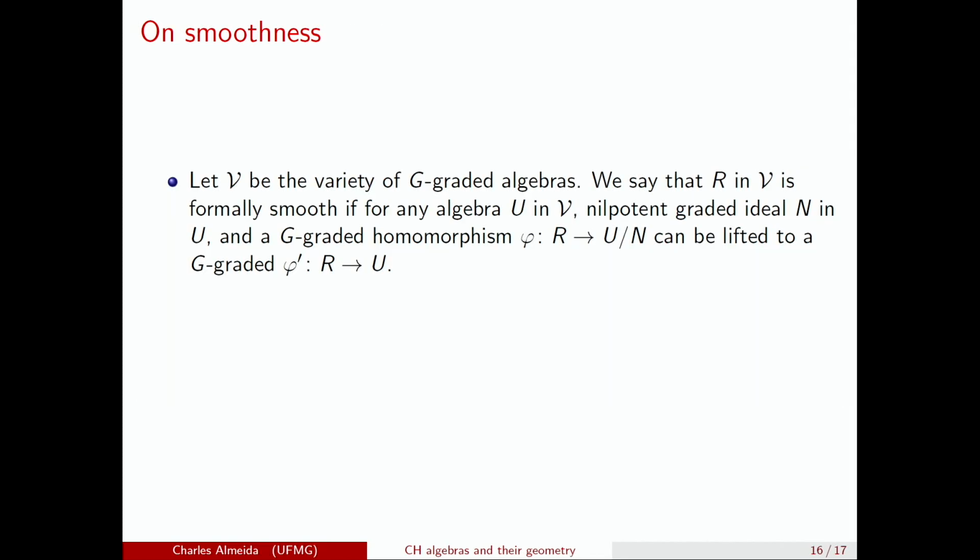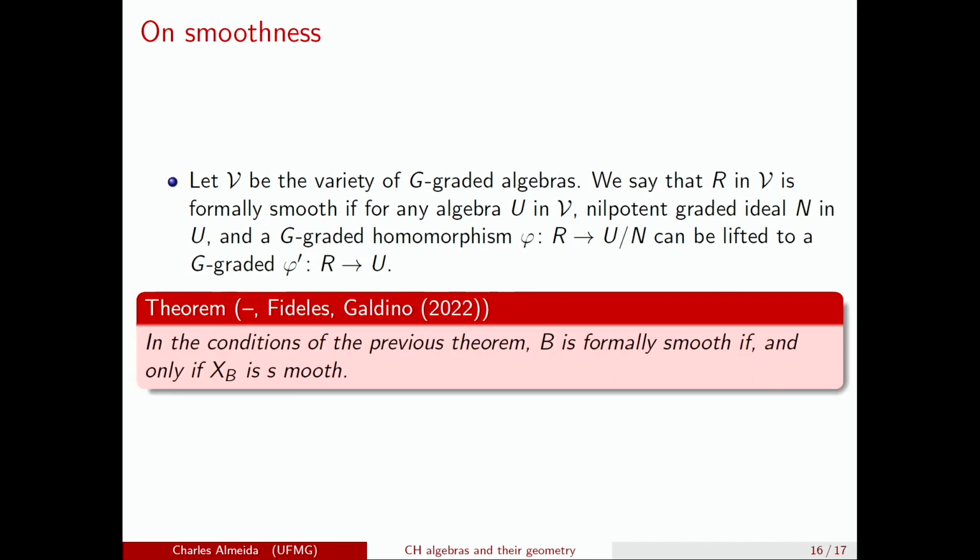And the nicest condition is that even for non-commutative algebras, we have things like a concept of formally smooth, which sometimes is used to compute the dimension of this non-commutative algebra. And the previous results give us that an algebra B will be formally smooth if the associated V_S of that commutative algebra is smooth.